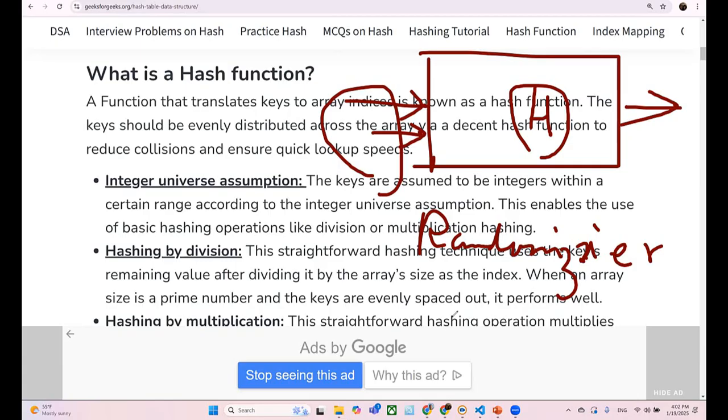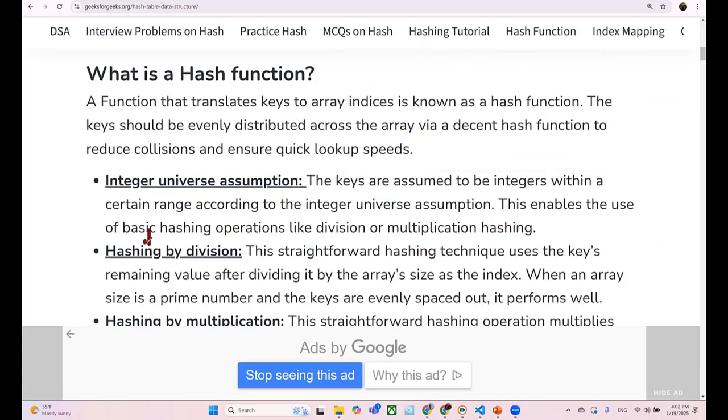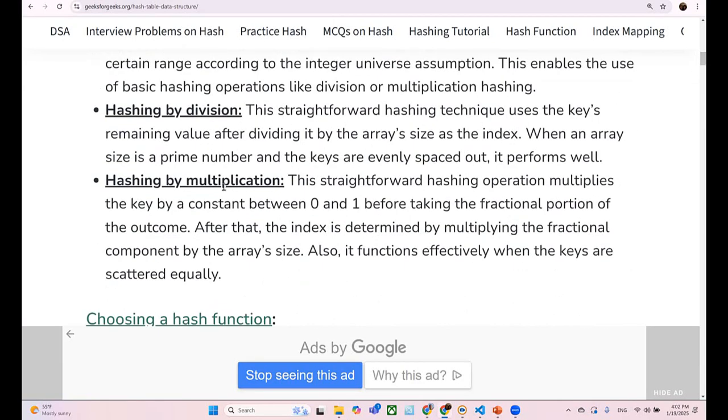Okay, it's using division. Division is not what you think, like long division. It's actually a bit level division. Bit level division is actually shifting data around, so that's not really a long calculation. So hashing is by division or by multiplication, depending on your hash function.